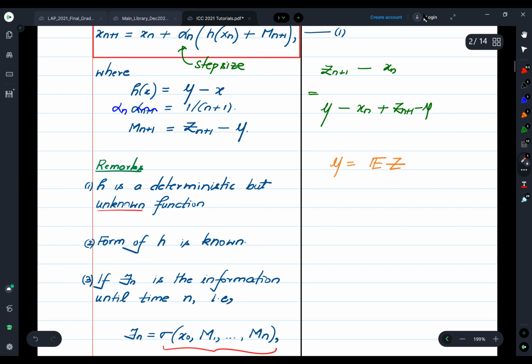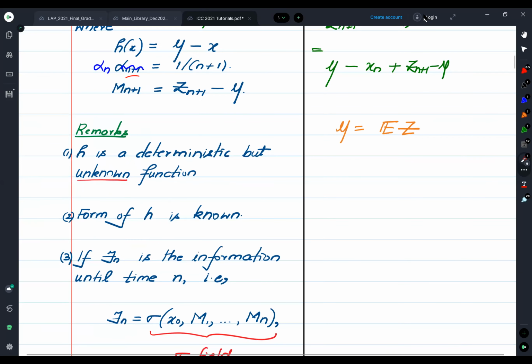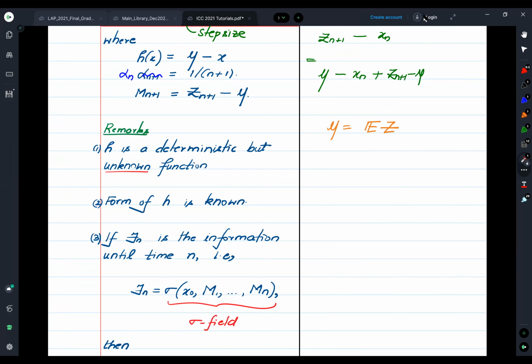Furthermore, with regards to this Mn plus 1, if you define calligraphic Fn to denote the information until time n, then for those of you who may have done a course on measure theory, you can interpret this calligraphic Fn to denote the sigma field that is defined using these random variables.